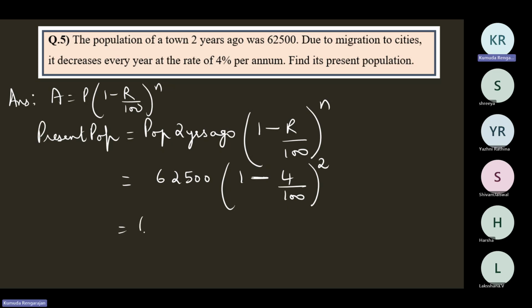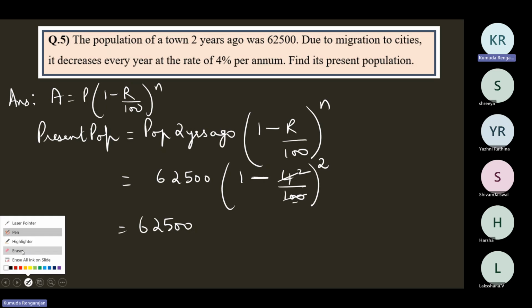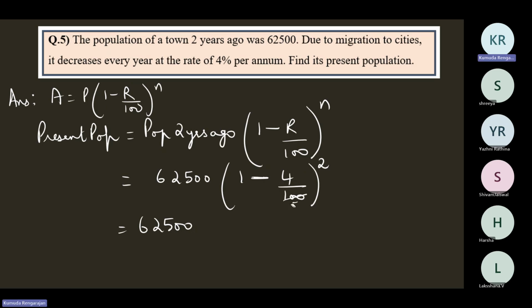So this is equal to 62,500. You can simplify this. You can do the tables of 4 itself. 4 twenty-fives are 100. So on taking the LCM, you'll get 25. 25 minus 1, to the power 2.